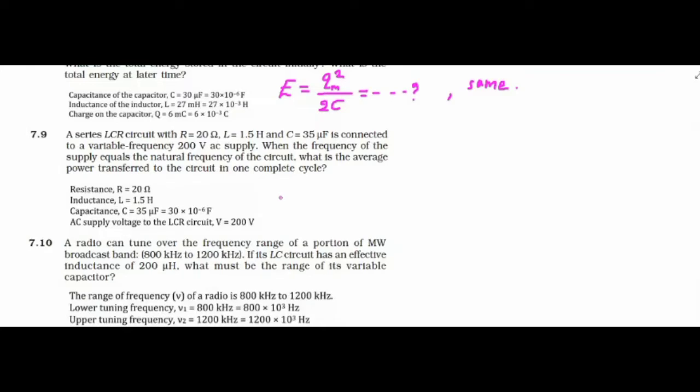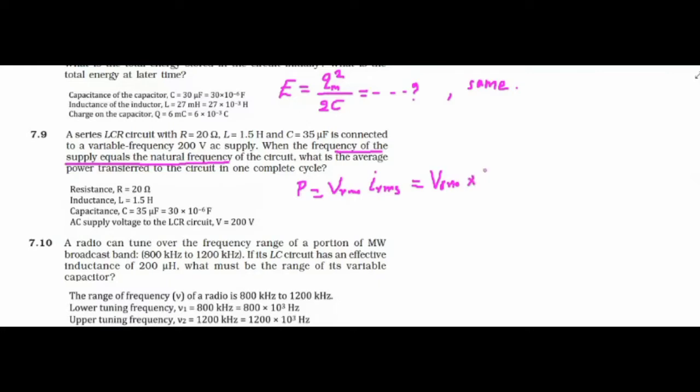We know that when the frequency of the supply equals the natural frequency, it is the resonance condition. At resonance, the power formula P is equal to VRMS IRMS cos phi, and cos phi is equal to 1. So you get VRMS IRMS.